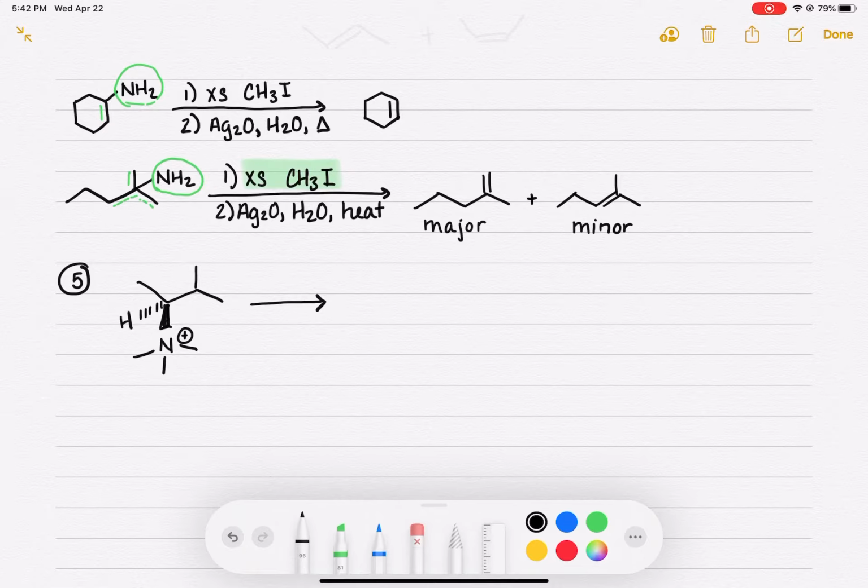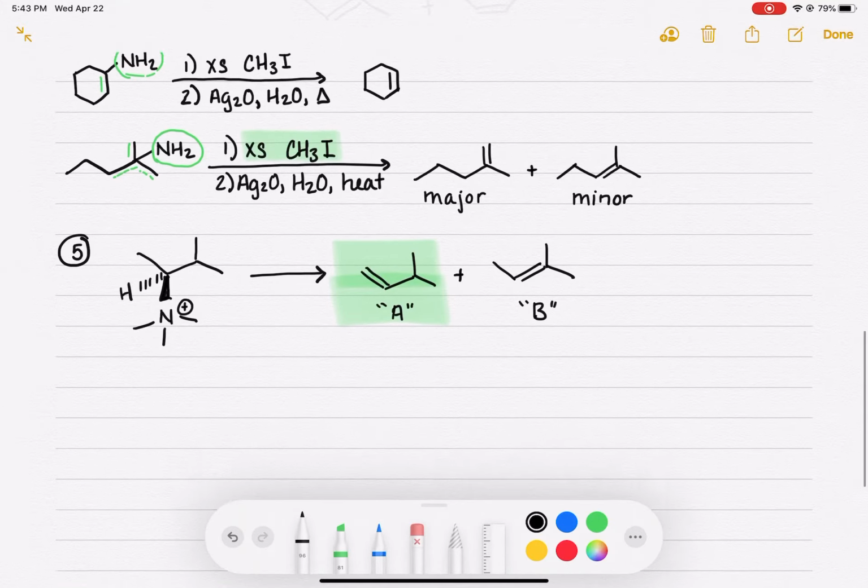So this problem is a little bit different because it is starting you after the step 1 addition of the methyl iodide. We're starting with our alkylated amine ready to go, and it's telling you that the reaction makes 2 products, which they're calling A and B. The first thing that it wants you to do is predict which one is the major product, which is easy because it's just the most substituted product.